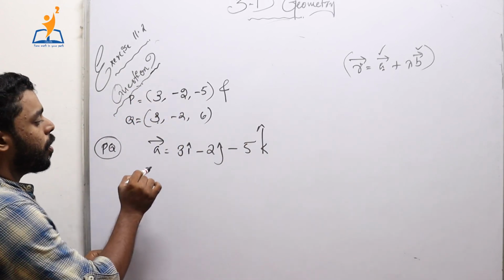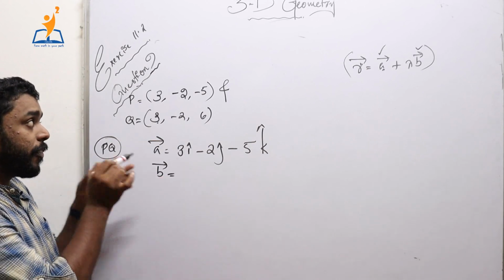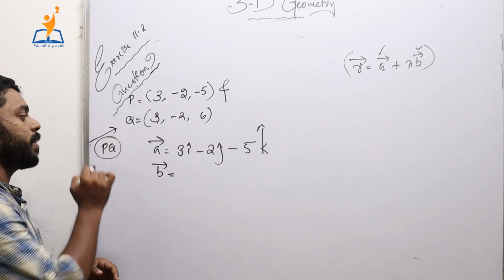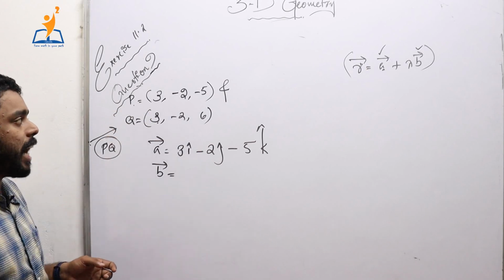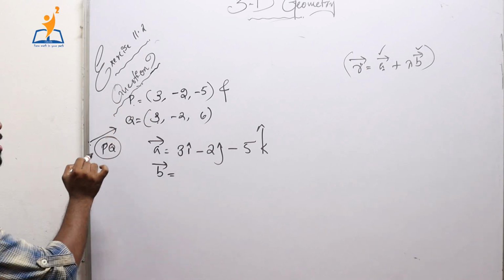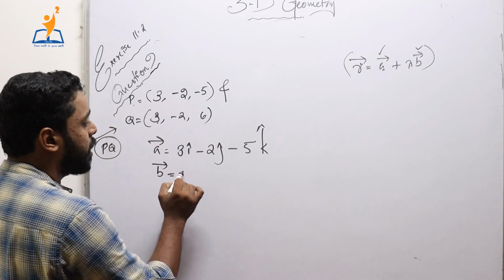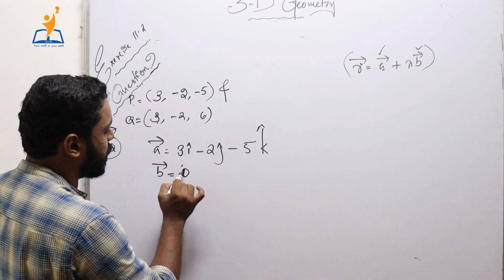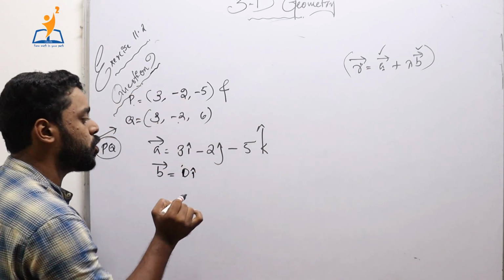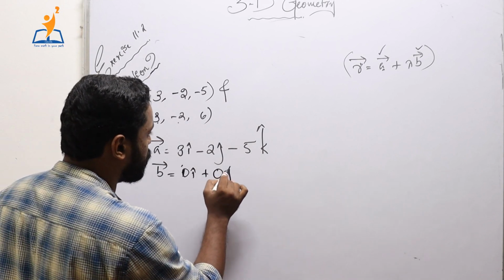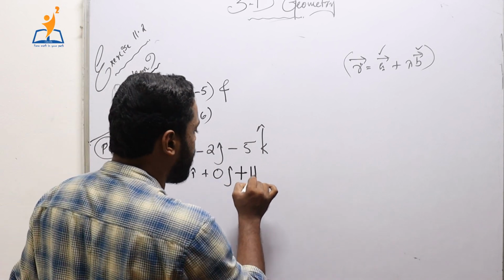Now we want the vector B, which is parallel to the line PQ. Always note that the vector joining the points P and Q will be parallel to the line PQ itself. So we can choose B as (3 minus 3) i cap, which is 0i cap, (minus 2 plus 2) j cap, which is 0j cap, and (6 minus minus 5) k cap, which is plus 11k cap.